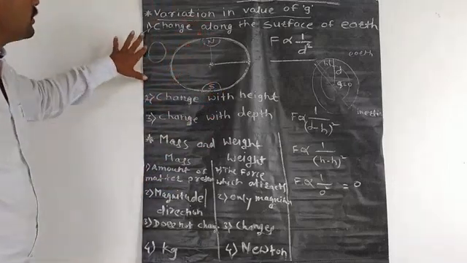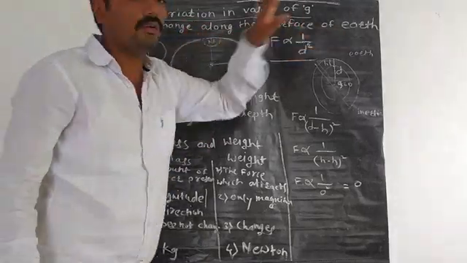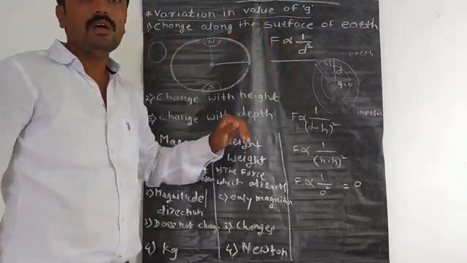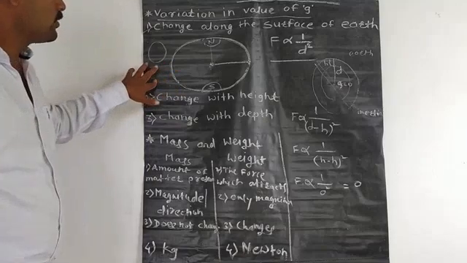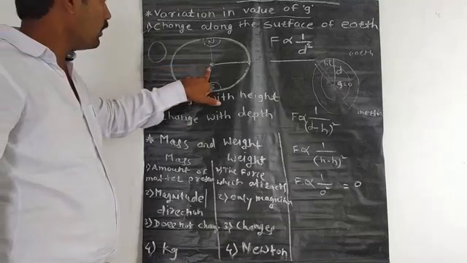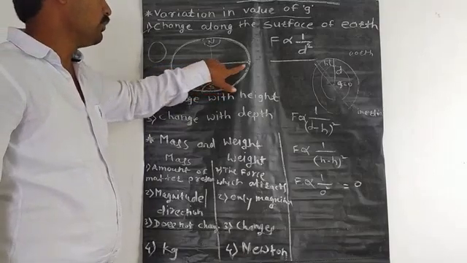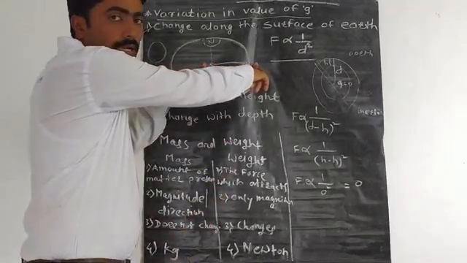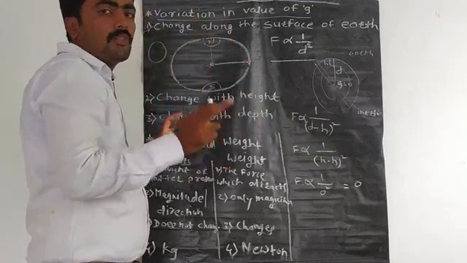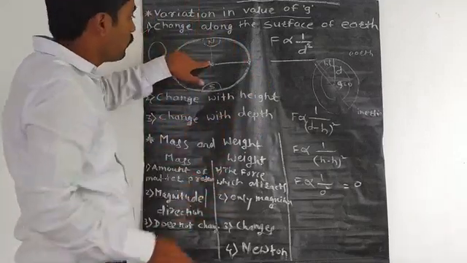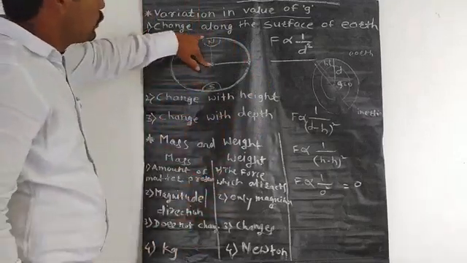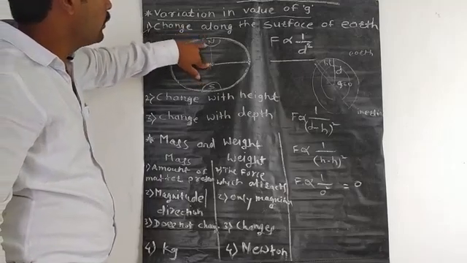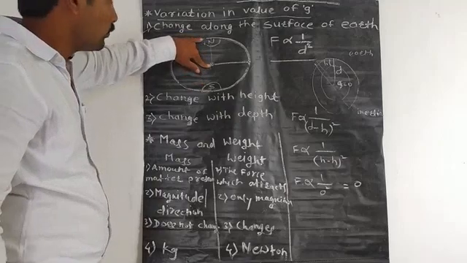So this is the first change along the surface of the earth. इथं एक लक्षात ठेवायचं, when you go from the center of the earth to the equator, the distance is maximum, so the gravity will be minimum. If you come from the center of the earth to the north pole, the gravity will be maximum, because the distance from the center of the earth to the north pole is minimum.